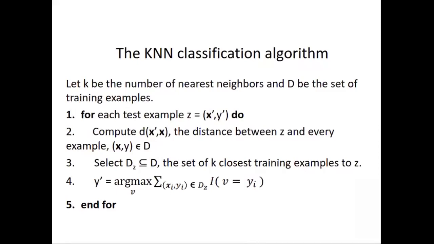That is what we are doing in the next step: Y dash you have to calculate. You have to select the maximum among the closest neighbors. Among those 4 values, you select the closest ones, and the label that occurs most among them is the label we assign to the new example. Is it clear?